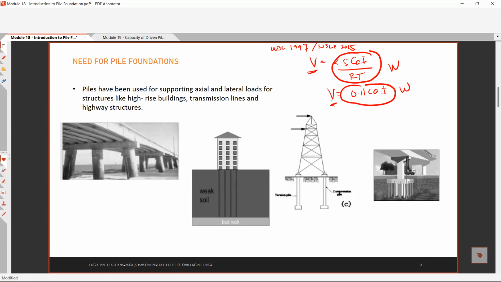Di ba, based on law of inertia, kung ano yung total weight mo, doon lang din nakabase yung total na base shear na tatanggapin niyo. So kapag mas mataas yung weight, mas malaki yung expected mo na base shear or lateral loads. Ito yung mga example na yun, yung mga matataas yung weight and expected to carry high lateral loads. So ito yung mga areas din na prone sa earthquakes.